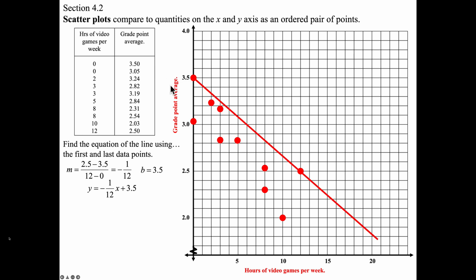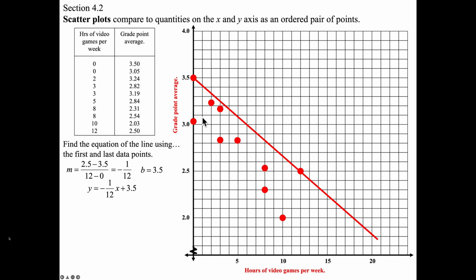And there's my line. This would not be considered a good best fit line because all my data points are below that line. What I would really like is to have half the points above the line and half the points below the line. So I think a better option here is to use these two points right here.